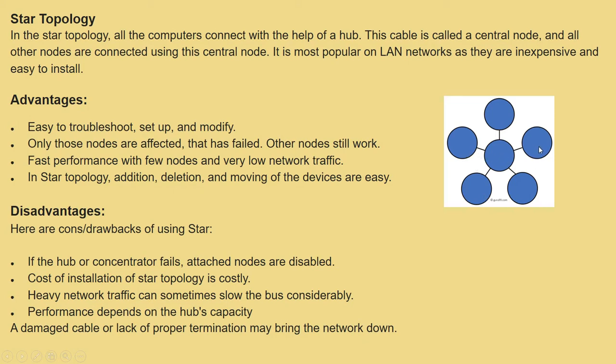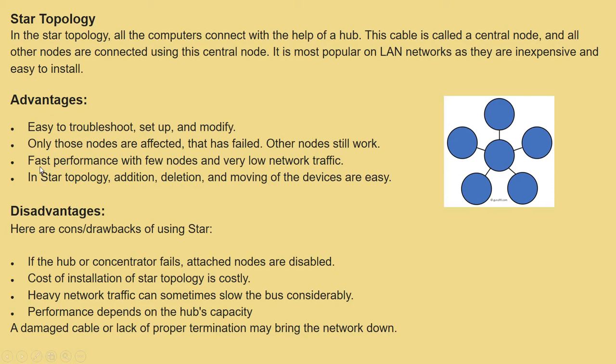So think about 2 being damaged. If 2 is damaged, no problem, 1 can pass the data to 3 by this central node, 1 can pass the data to 4 by this central node, and 3 can pass the data to 5 also by this central node. If 1 is damaged, no problem to the topology.